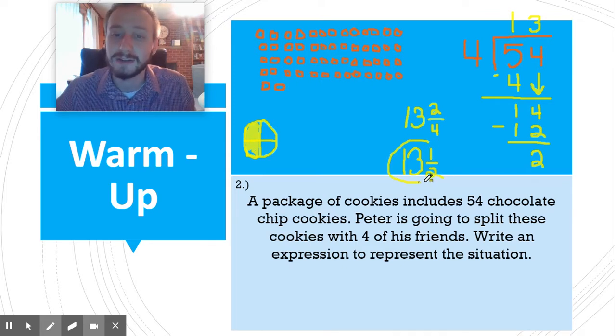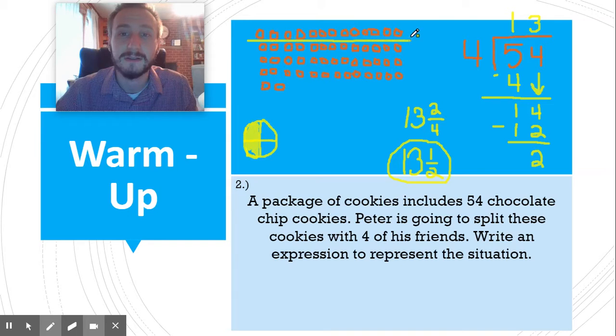So your answer, if Peter's going to give out all 54 cookies evenly, is that each friend would get 13 and a half cookies. If you look at this diagram, if I split it up, 1, 2, 3, 4, 5, 6, 7, 8, 9, 10, 11, 12, 13. So here's one friend. Here's another friend gets 13.